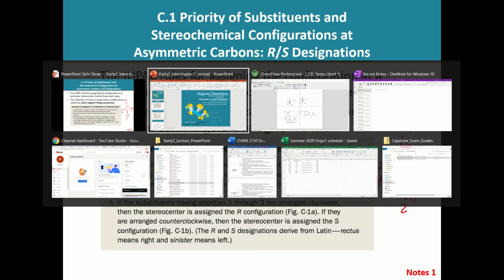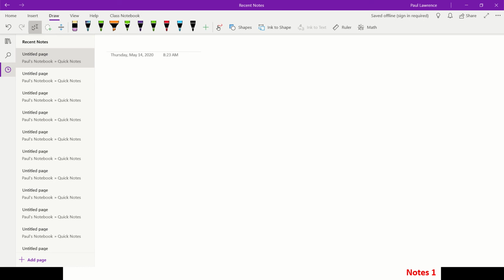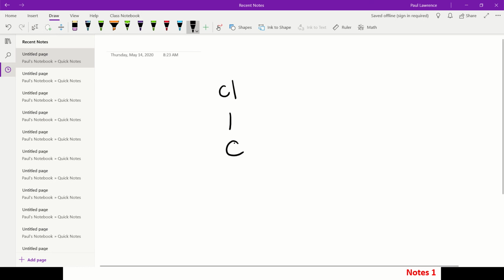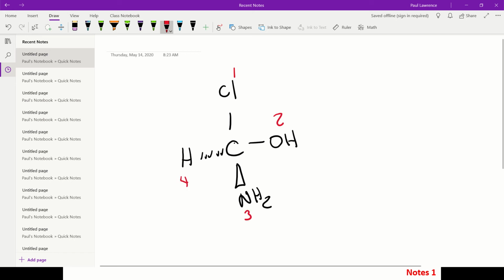Now let's do another problem. What if we have this? Remember the steps. It says prioritize things: 1, 2, 3, 4. Step 2, we make sure the lowest priority is a dash, which it is.